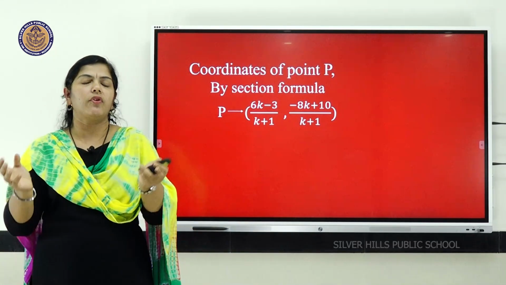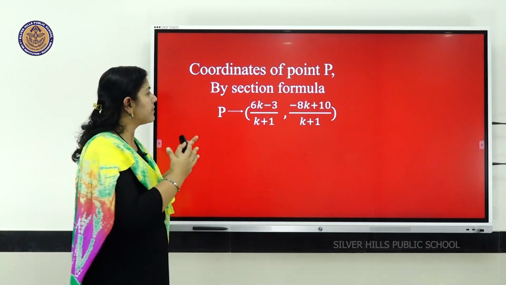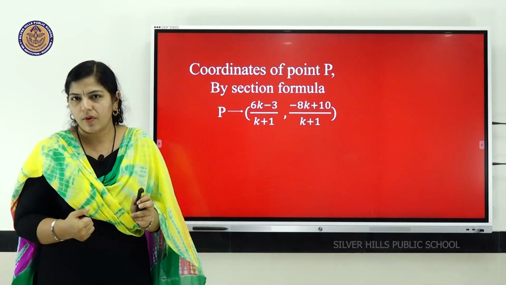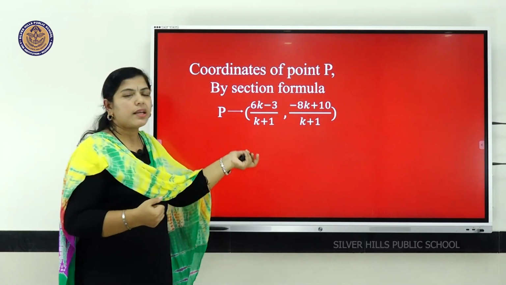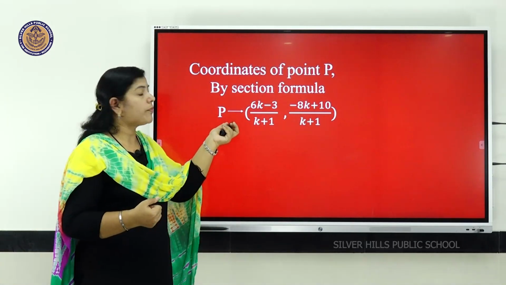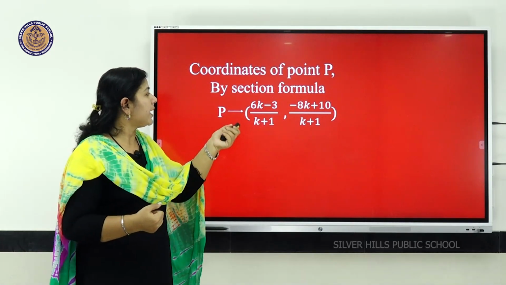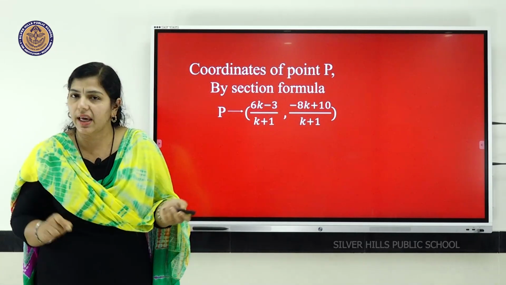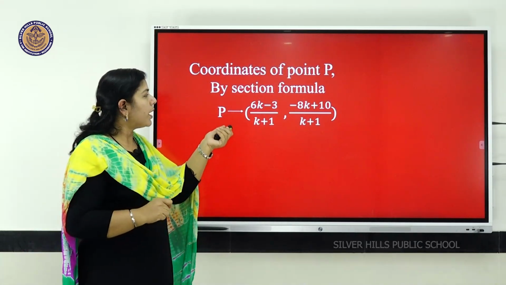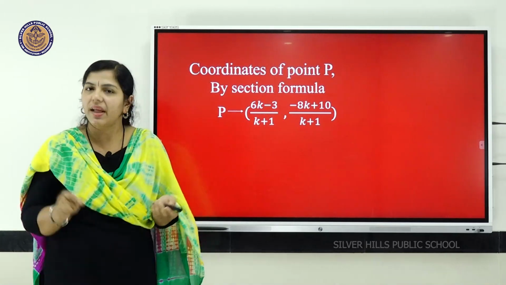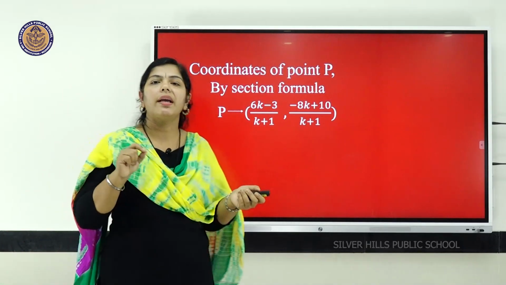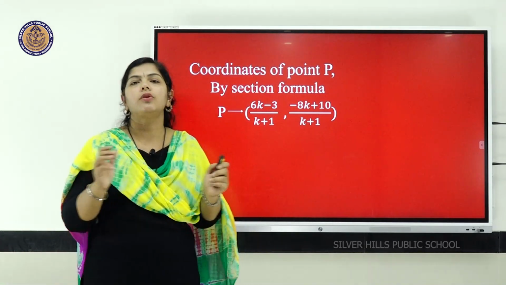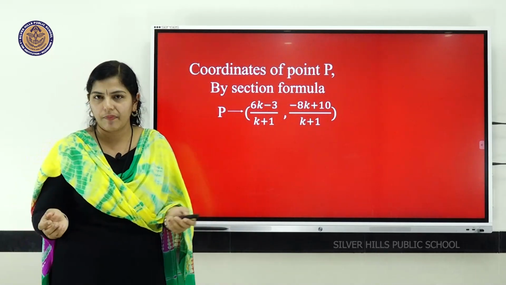We have substituted the values. Okay. That is, the coordinates of P are (6k minus 3) whole divided by (k plus 1), comma (minus 8k plus 10) whole divided by (k plus 1). These are the two coordinates of P.